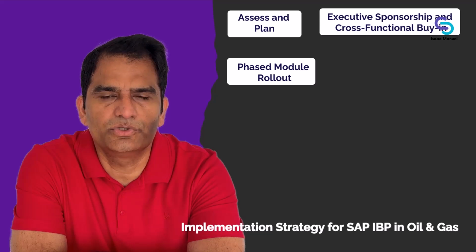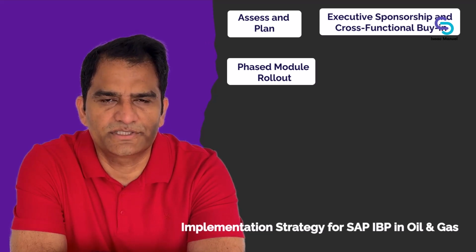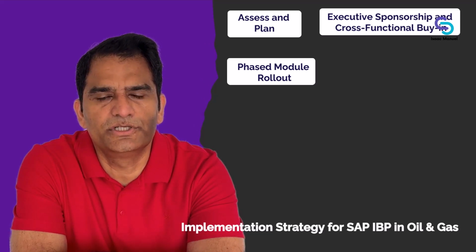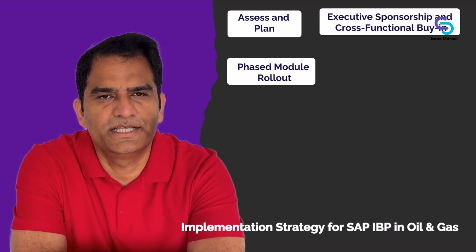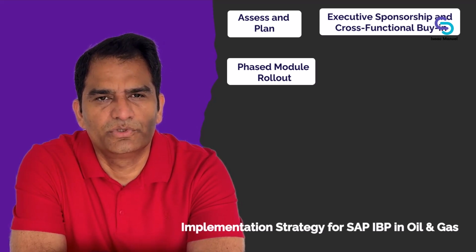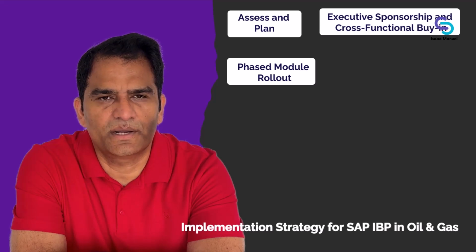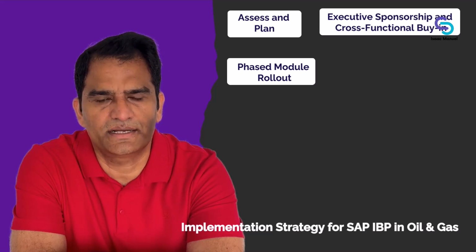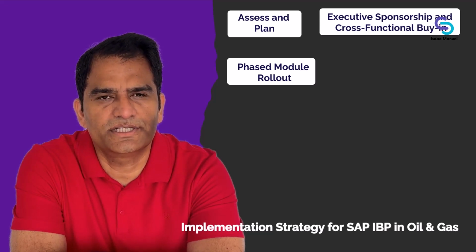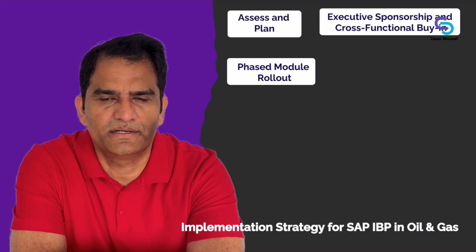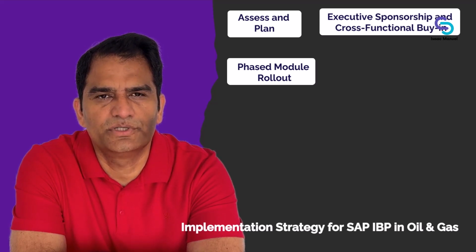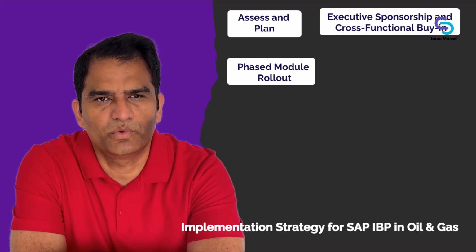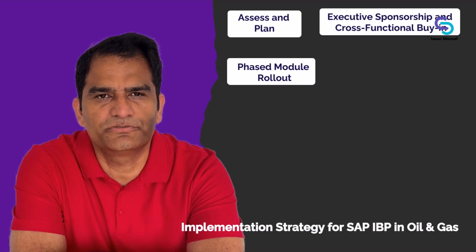Next phases can introduce supply planning optimization, inventory optimization, and later order-based planning for execution level detail. A phased approach allows the organization to absorb changes gradually and build confidence with early wins. For instance, better forecast visibility or a successful pilot of one business unit before tackling more complex optimizations.